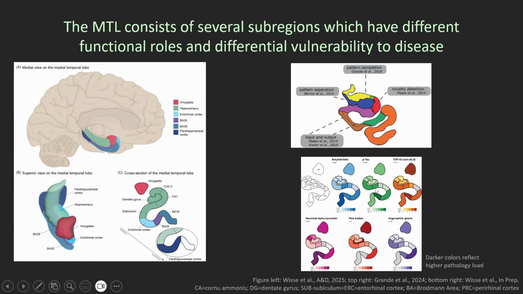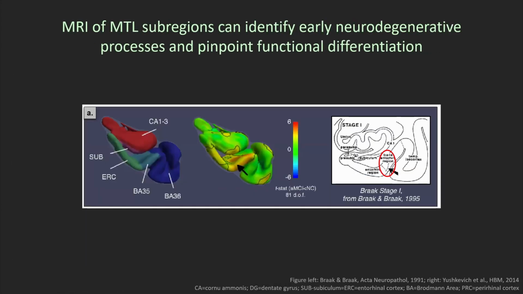As Paul already mentioned, and in this figure, you can see that different MTL subregions show different vulnerability to neurodegenerative diseases, the topic that I'm particularly interested in, where darker colors are associated with a higher pathology load. And we can actually use imaging to pinpoint these early neurodegenerative disease processes, for example.